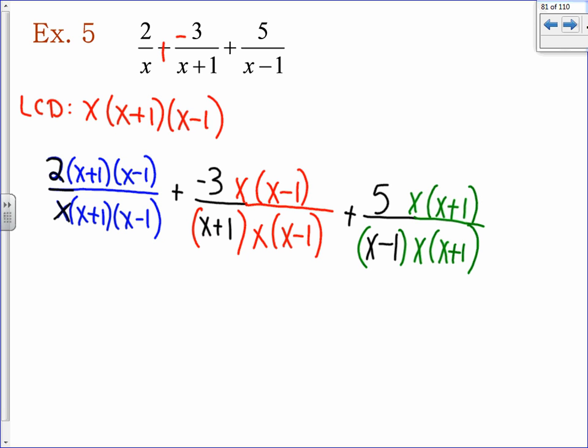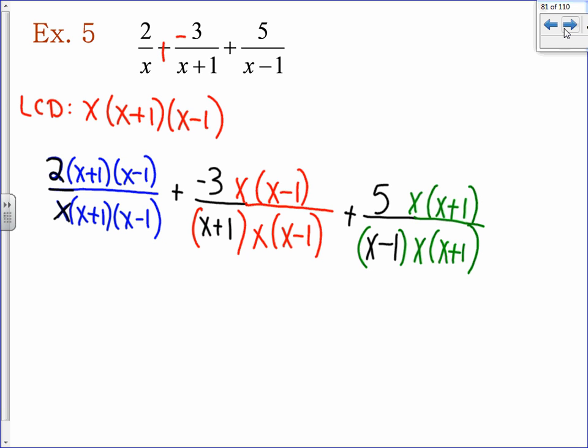So again, I was going to try and make it work all in the original problem, but it would have been super squished. So I'm just writing it out. Now you have to multiply everything out. Okay, that's going to be a little time consuming, but you know, just math.